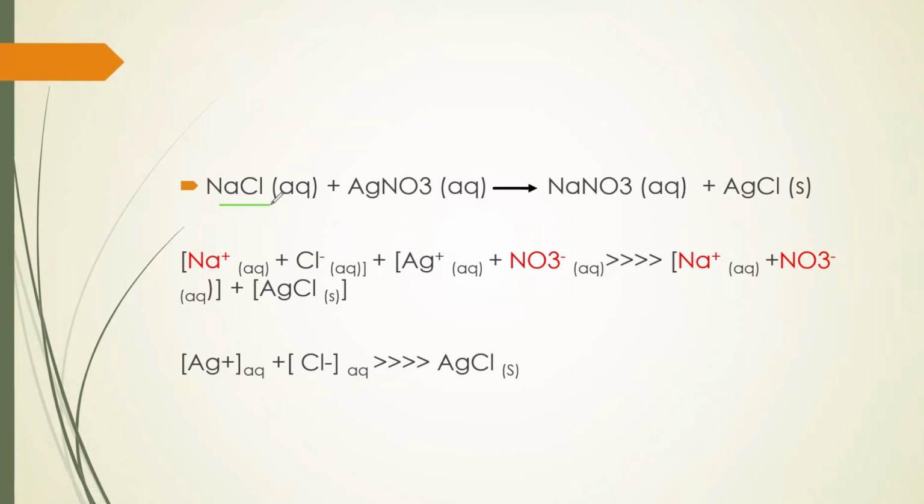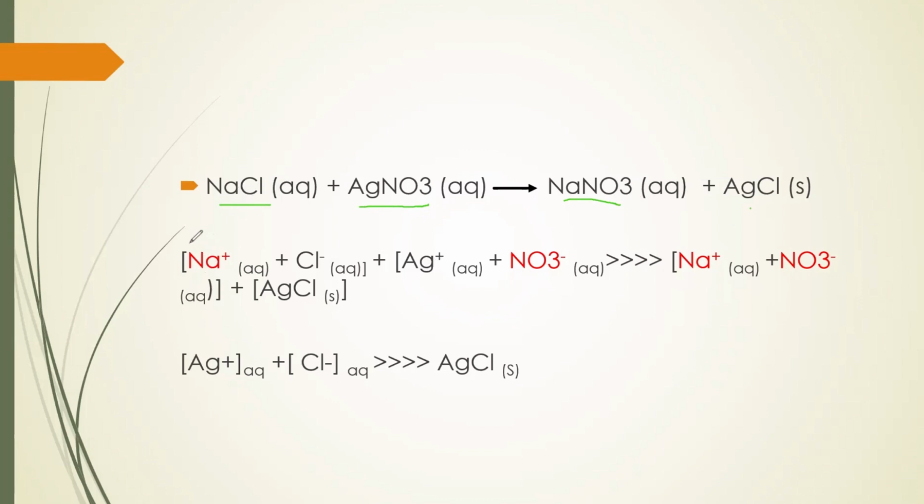This is sodium chloride plus silver nitrate equals to, remember that we dissociate the aqueous or molten compounds. When an ionic compound is dissolved in water, it becomes an aqueous solution, or when melted, it will dissociate into its original ions. Sodium nitrate and AgCl, silver chloride, as a precipitate.